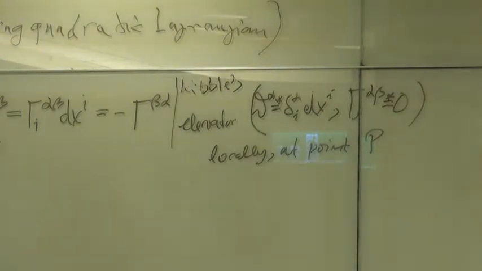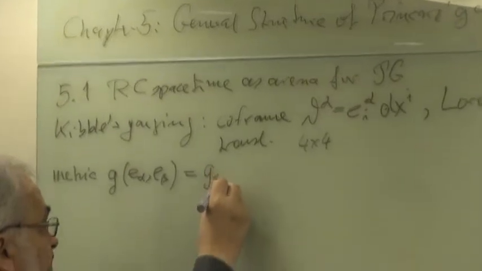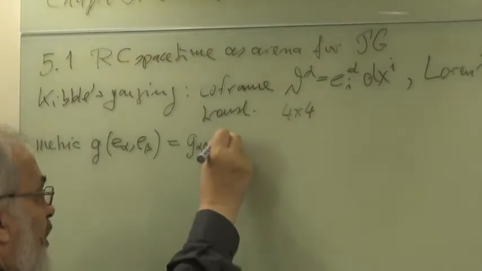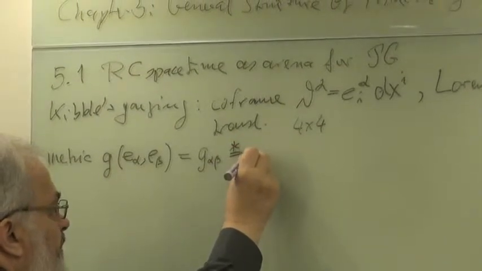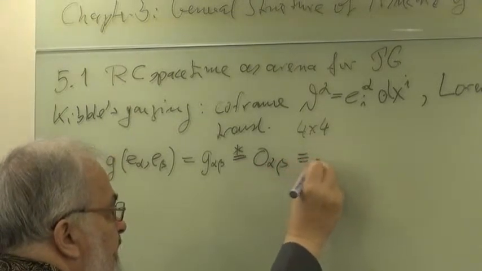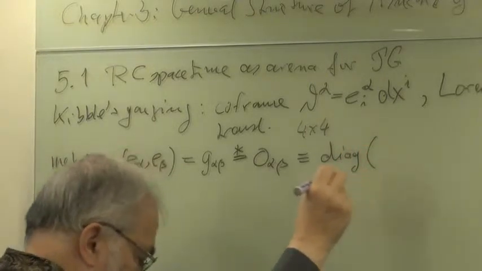Then we have the metric g. If we feed in the metric the frame e alpha, e beta, we get g alpha beta, the components of the metric, and we choose them also normal, which I call o alpha beta, which is identical to the diagonal, whatever convention we choose.